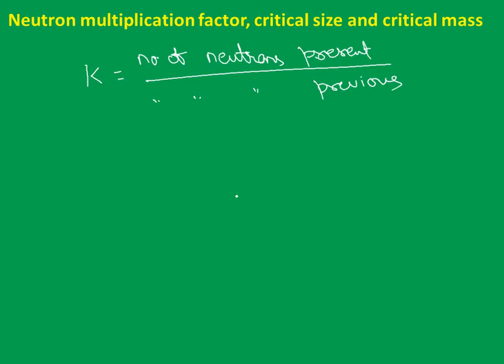Are we getting the point here? So the number of neutrons in the present generation divided by the number of neutrons in the previous generation is given as K.